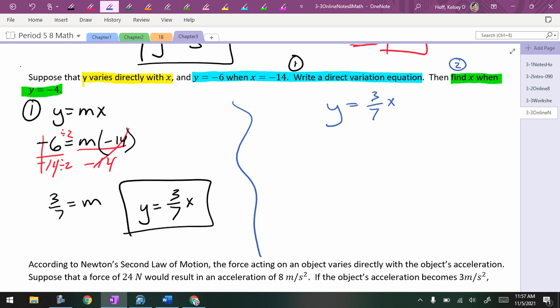Well, in this case, this one says y equals. So you got to read really carefully about which letter you're replacing. So now I know y is -4. -4 equals 3/7 x, and I need to solve for x. This takes us back to chapter 2, solving equations, specifically 2-1, when our coefficients were fractions. How do I get rid of a fraction coefficient, Chris?